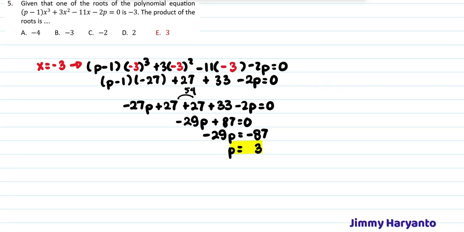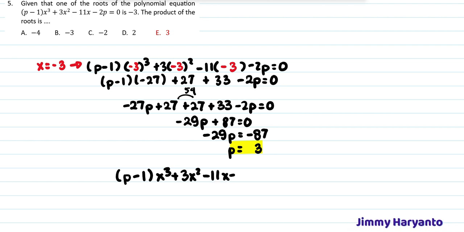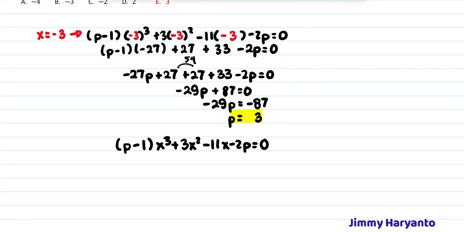We have to rewrite the polynomials. Yeah, the polynomial is (p minus 1)x to the power of 3 plus 3x squared minus 11x minus 2p equals 0.